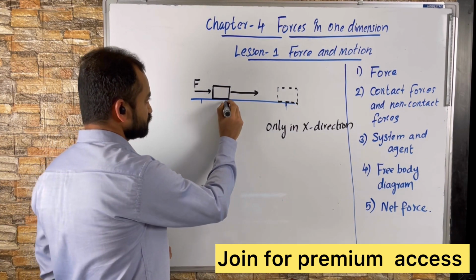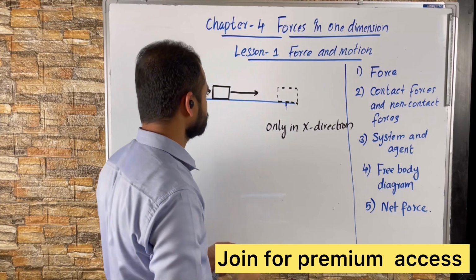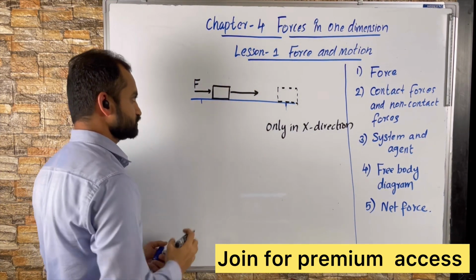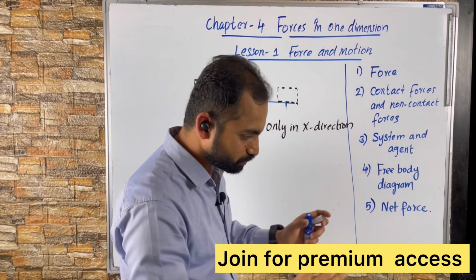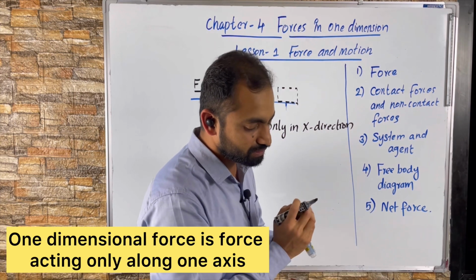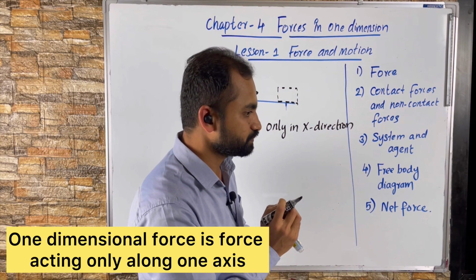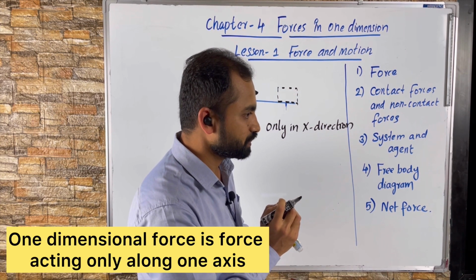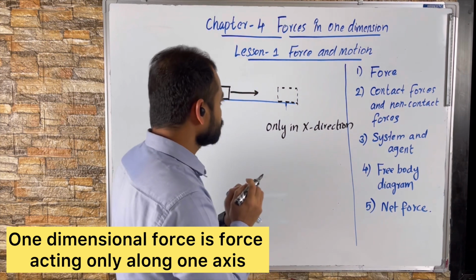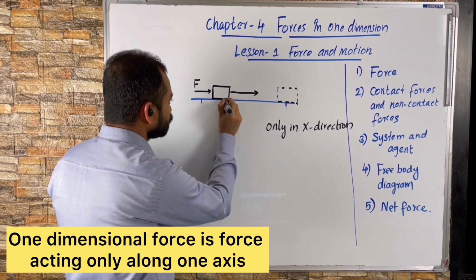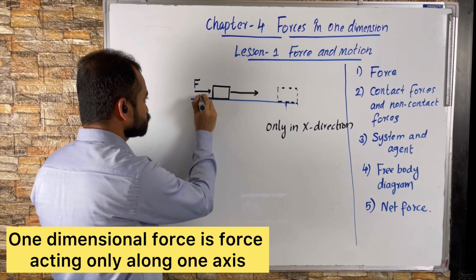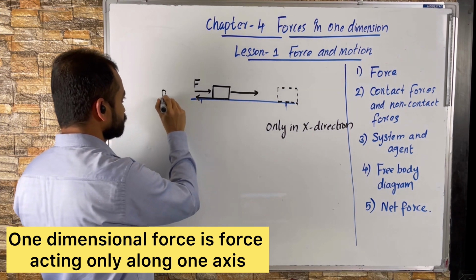So here you can see there will be one more force acting on this box. Can you tell what will be the other force acting on that box? That force will be frictional force, right? Frictional force will be acting in the opposite direction.